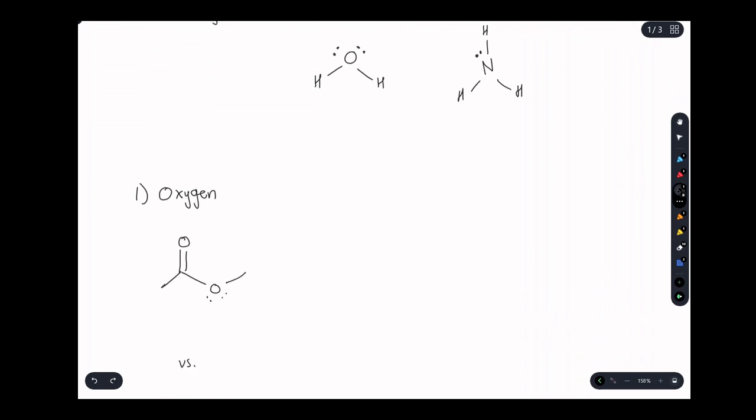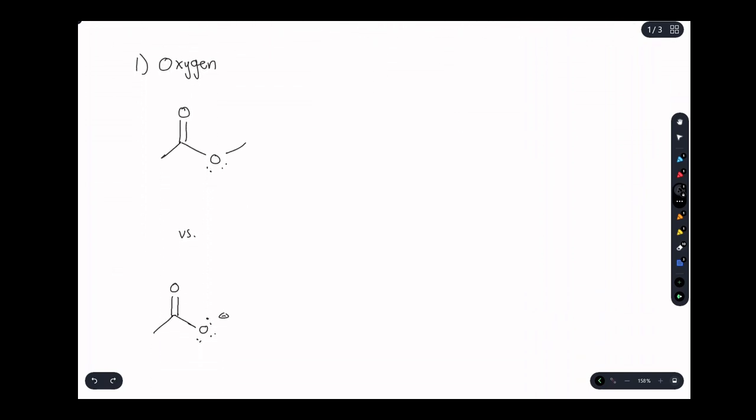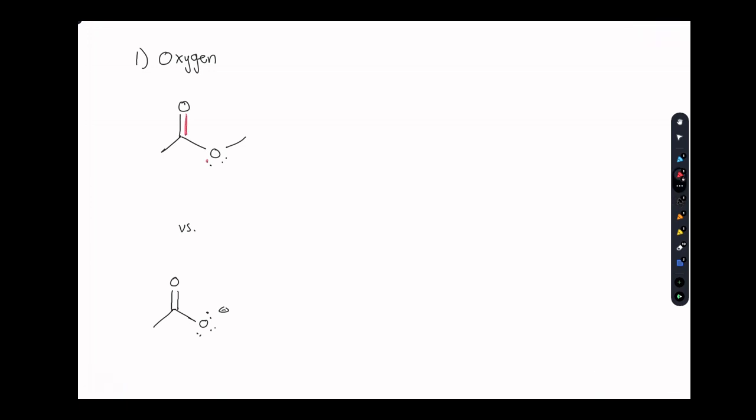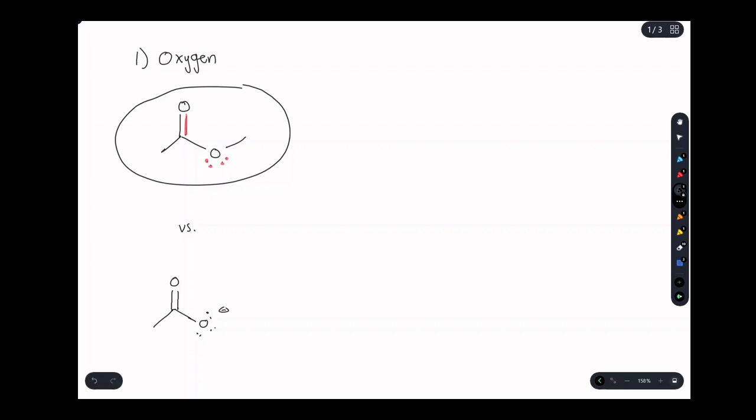So let's take a look at some oxygen resonance forms. Now, for the top molecule, this is a molecule that doesn't actually have a charge. I'm going to highlight the loosely held electrons here in red, so both lone pairs on the oxygen and the pi bond of the carbonyl. Now, take a quick second and try to remember what the functional group name is of this molecule.